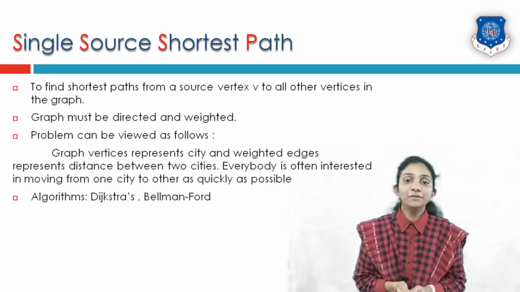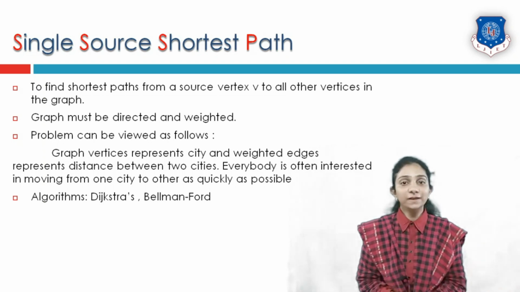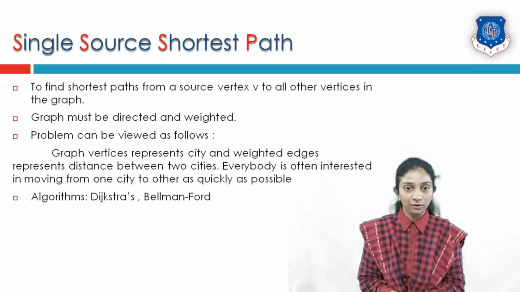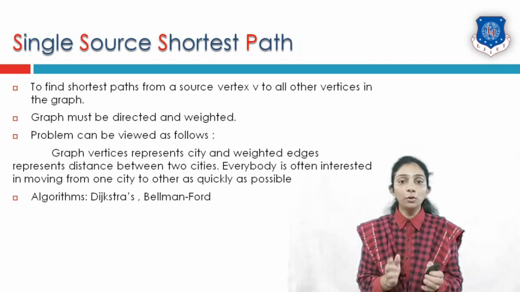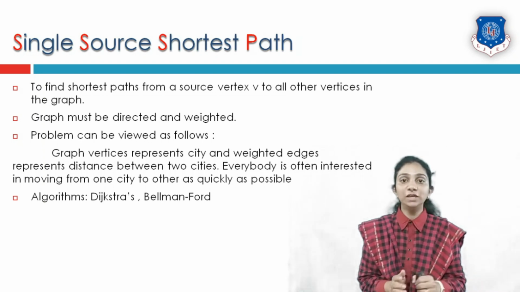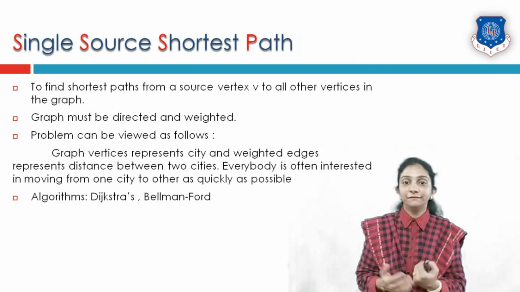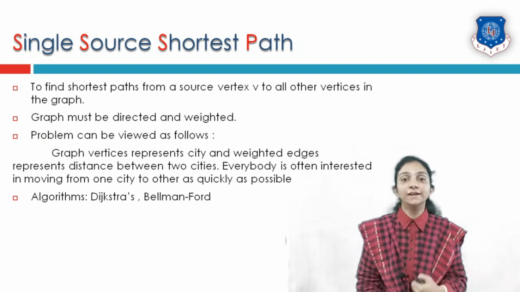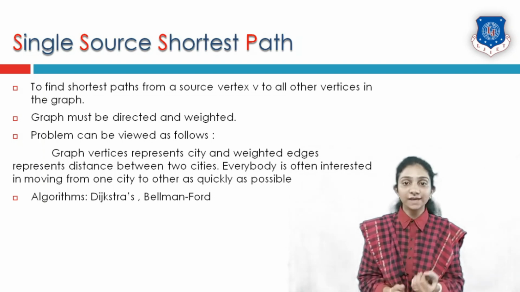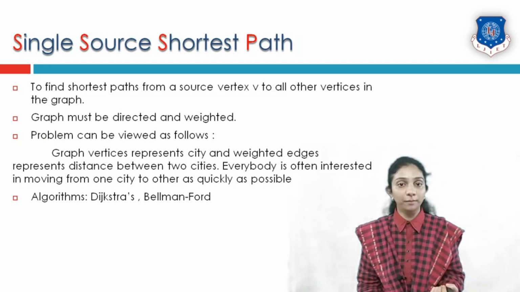Let us see which algorithms are used to solve the single source shortest path problem. There are two algorithms that can be used. The very first is Dijkstra's algorithm and the second one is Bellman-Ford.